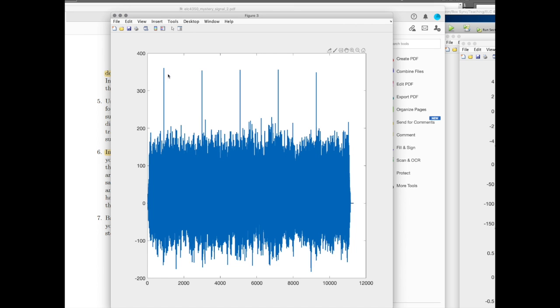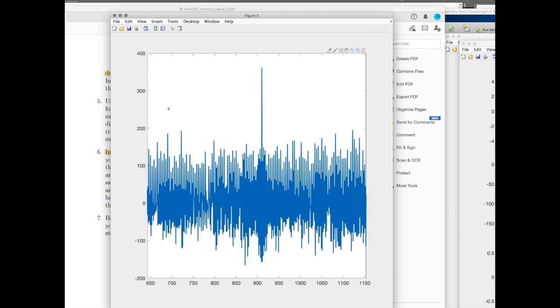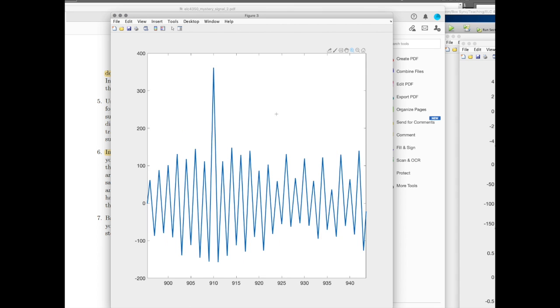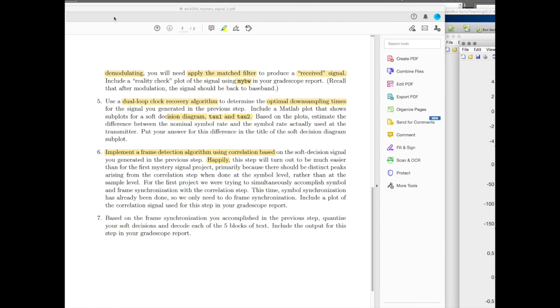You see there's some pretty sharp peaks here, and if you zoom in, it's only a single value where there's a peak. If you can take that, then you know where to start your frame. From there, it's pretty easy to run that downsampled step, to do frame synchronization.